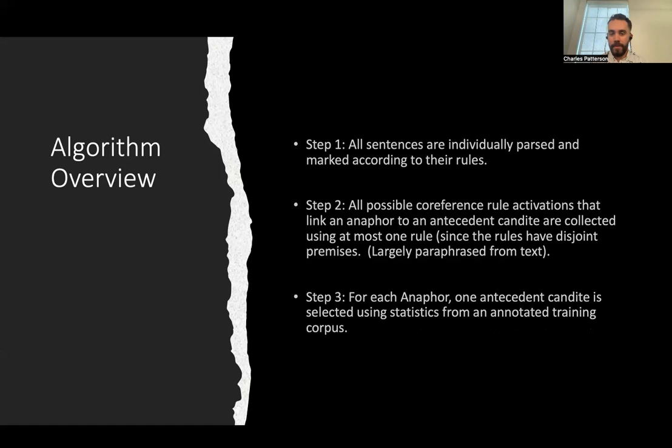The algorithm for this one comes down to basically three steps. First, we're going to parse all of the sentences individually according to the rules that we gave it. We're going to go through and identify what all the noun prepositions are and begin to tell it what the possible links are.